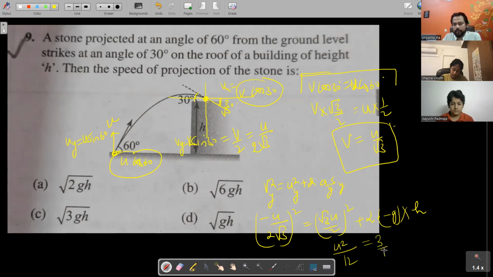This is 3 upon 4 U square, and this is minus 2GH. You have to solve this, you will get the answer.